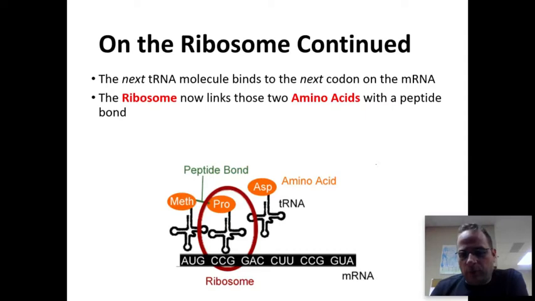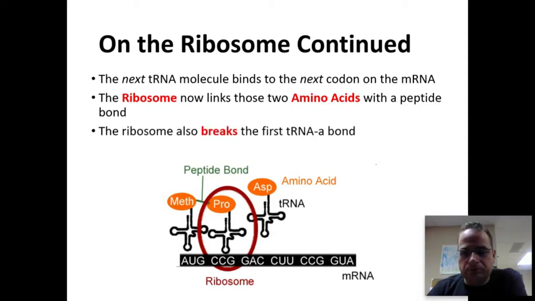And this is going to form what's called a polypeptide bond, which I like to think of as a protein bond. This gets all these amino acids put together. It's going to form a nice long protein. The ribosome also breaks the first tRNA bond.